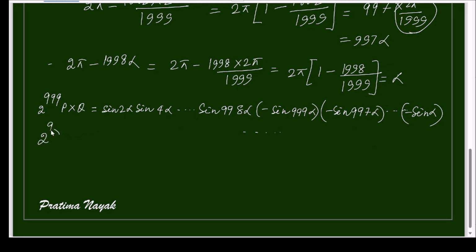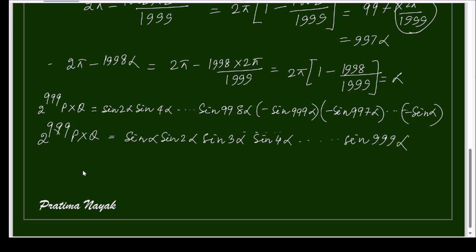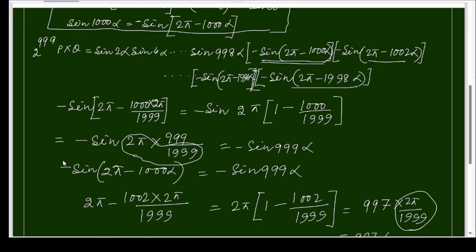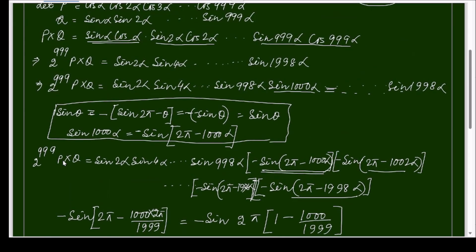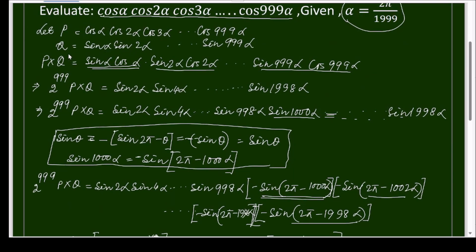So 2 to the power 999 multiplies p cube is equal to sine alpha, sine twice alpha, sine 3 times alpha, sine 4 times alpha, up to the last, sine 999 times alpha, which is nothing but your q.